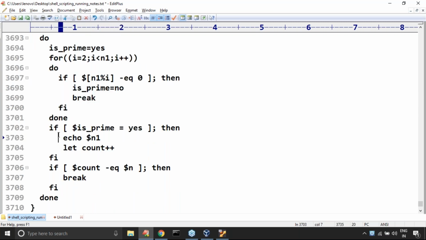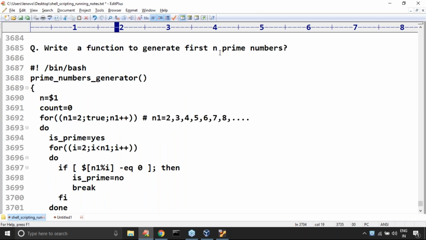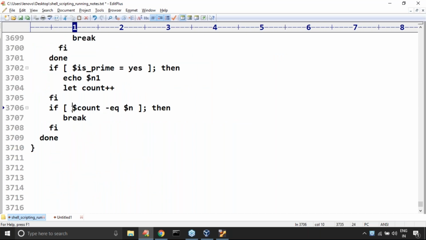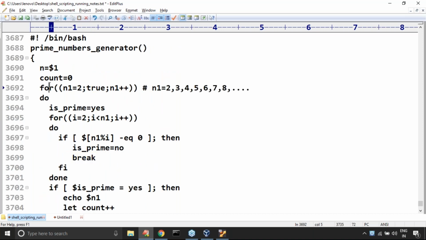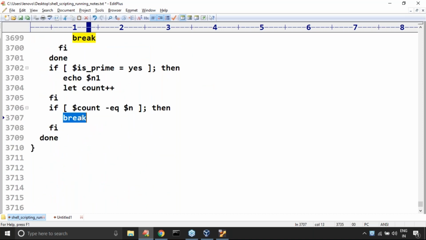If it is prime, print that and increment the count value, because I have to generate until the given number of primes, the first 10 prime numbers or the first 20 prime numbers. If the count reaches your n value, break. You are not required to continue this outer infinite for loop.